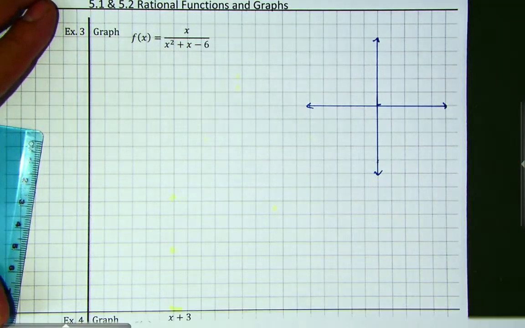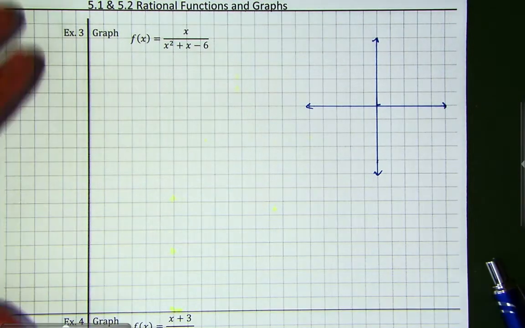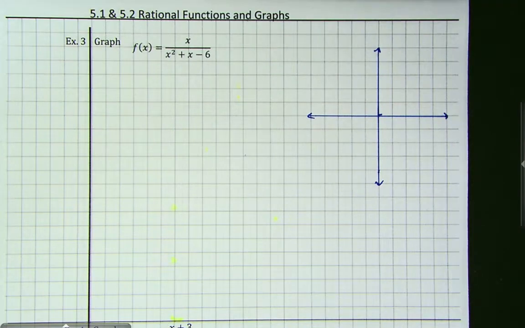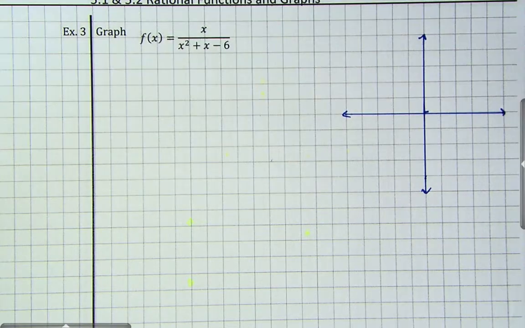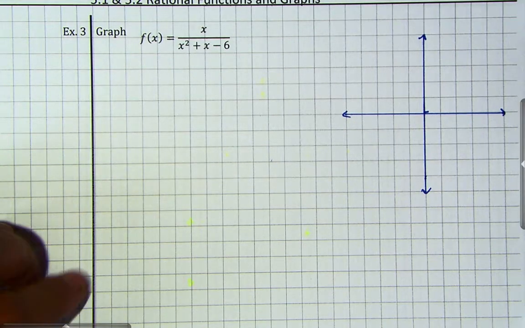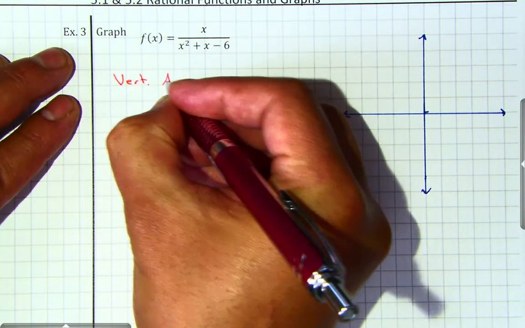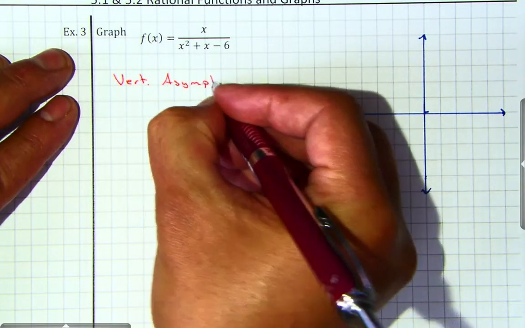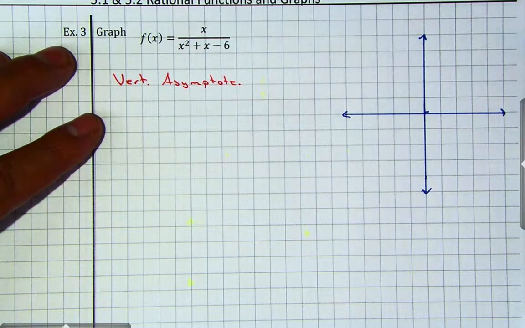And the first thing I need to do is find my vertical asymptote. So let's find your vertical asymptote. And how do we find your vertical asymptote?